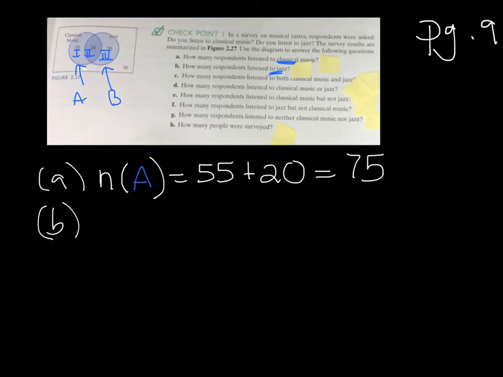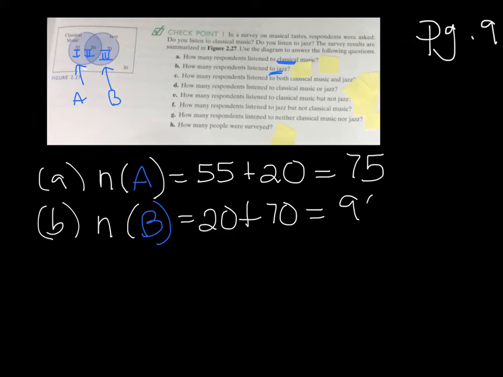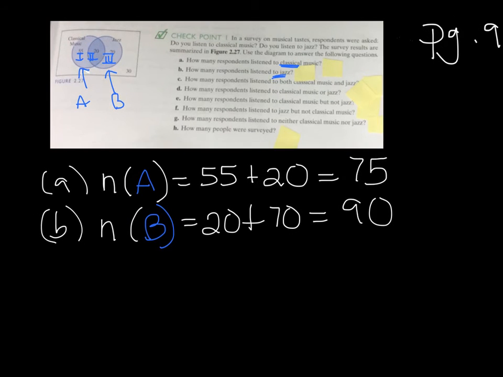We're just adding region 2 and region 3. That's n of B, 20 plus 70, so 90 total elements in the jazz circle.